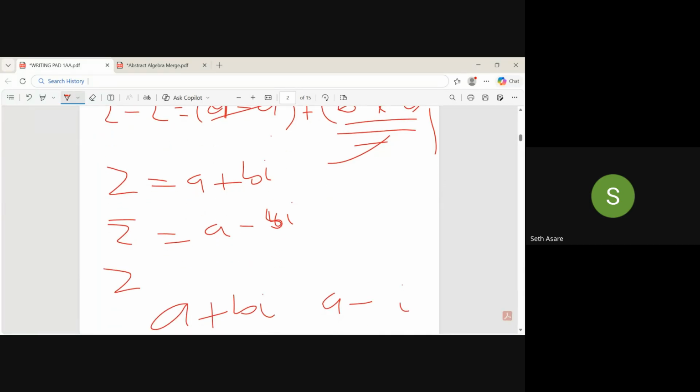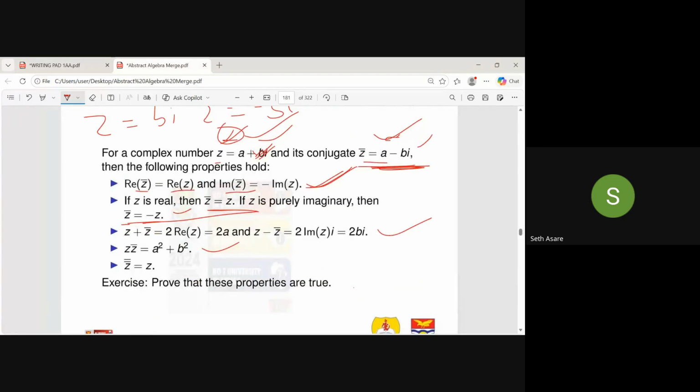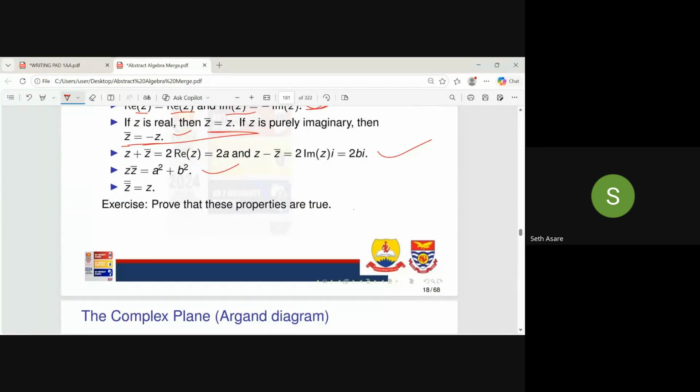Then the conjugate of this conjugate here will be A plus BI, which is the original complex number. That's why I said the conjugate of a conjugate comes back to the original. All right, that is it.